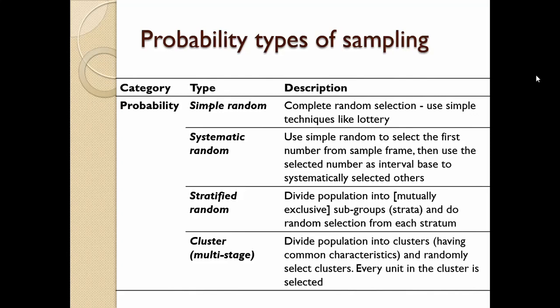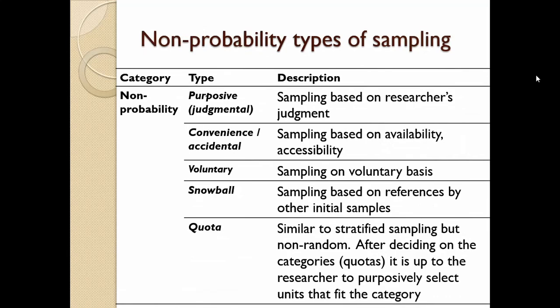And then what you do, you divide these into clusters, of course having common characteristics, and then you randomly select clusters. And then within each of those clusters, every unit within that cluster is selected for the study.